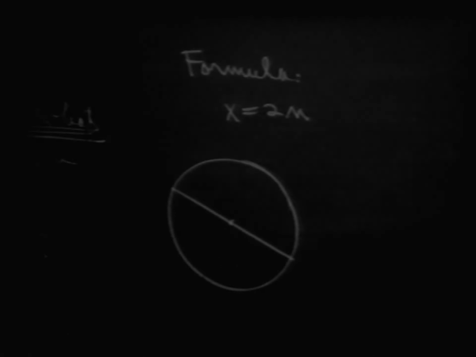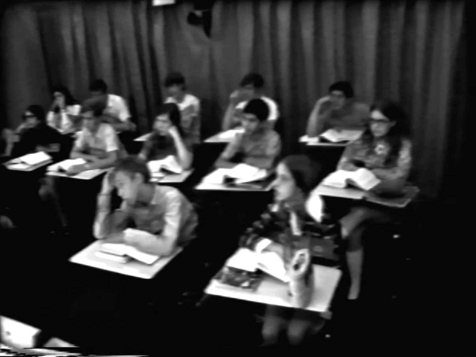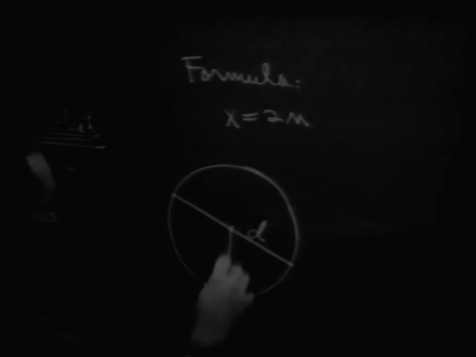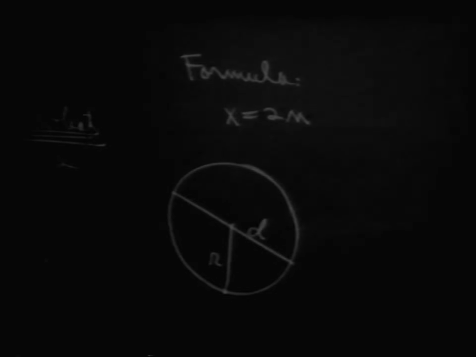We call the line passing through the center, this chord which passes through the center, the diameter. Let me call that D, all right? And of course, from the center to a point on the circle, you and I have always called that the radius. All right? Now, can anyone give me a formula that relates D and R? Very simple formula that relates D and R, Chip.